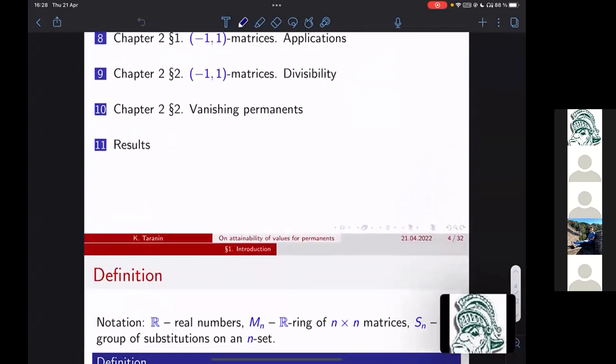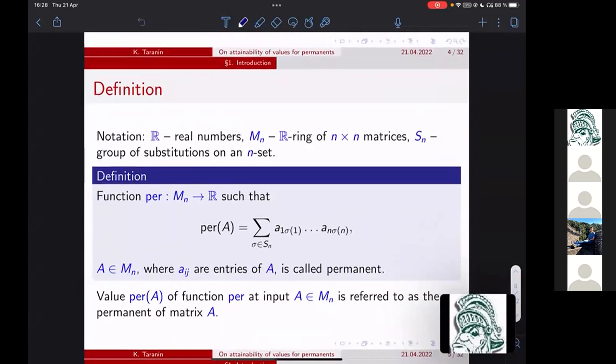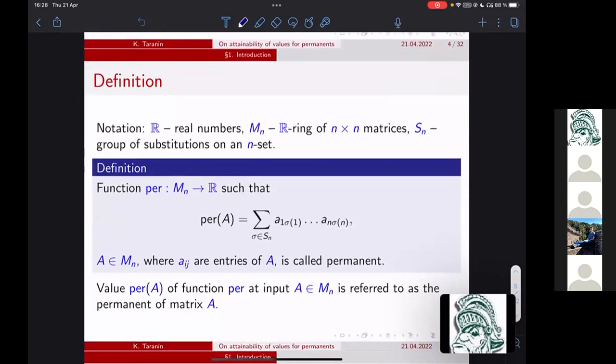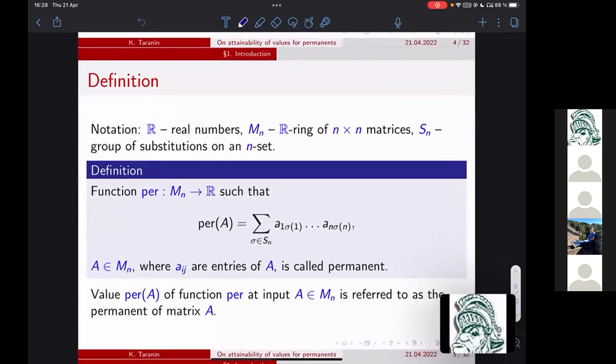And so I think I will start from the definition. Perhaps someone doesn't know. So let R be the set of real numbers. Well, generally we can consider a general field, but I will deal primarily with not just real, but even integer numbers.